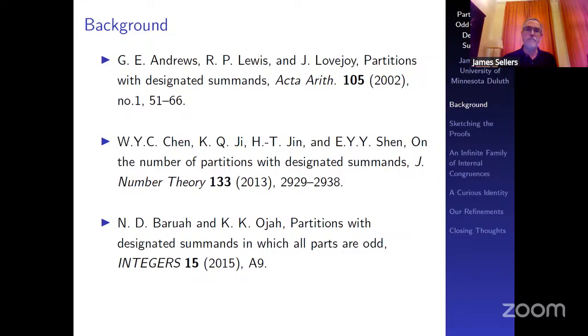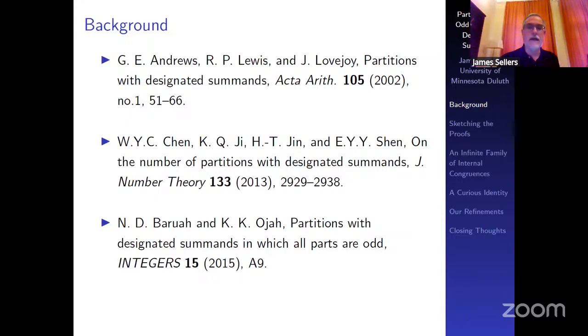The original paper of Andrews, Lewis, and Lovejoy from Acta Arithmetica 2002. In 2013, Bill Chen and some of his co-author colleagues wrote a follow-up paper in the Journal of Number Theory, again, focusing primarily on PD of n.